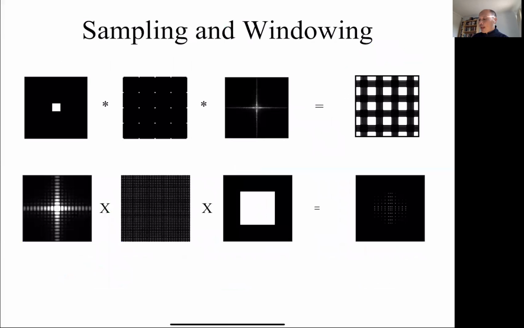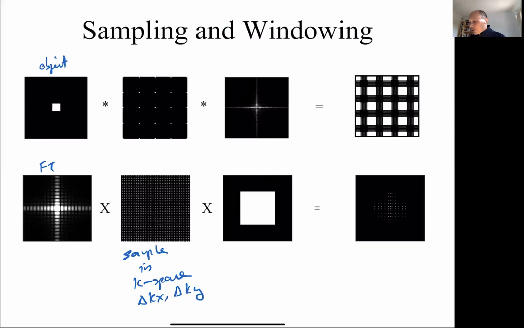Okay, so putting it all together, the decisions we have in MR look like this. Let's say this is our object, and it has some Fourier transform, which we're assuming is the ideal Fourier transform. One thing we do, obviously, is sample in k-space with some spacing delta kx, delta ky.